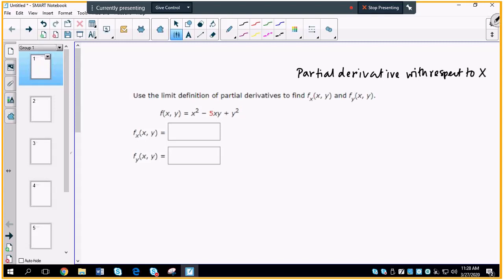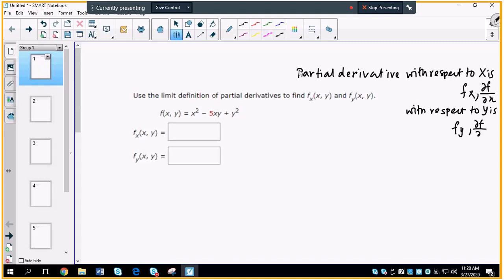So x is f sub x, or we will also write it as del f, del x, or if I'm doing with respect to y, we're going to call it f sub y and del f del y.